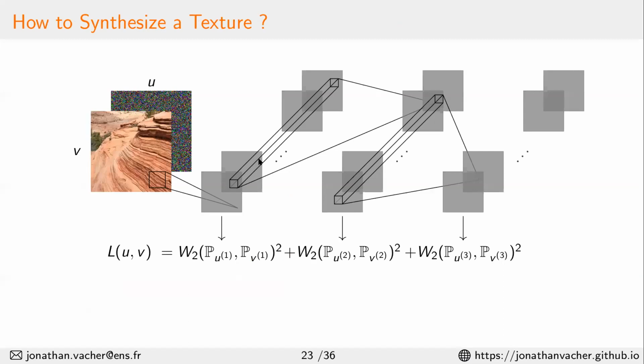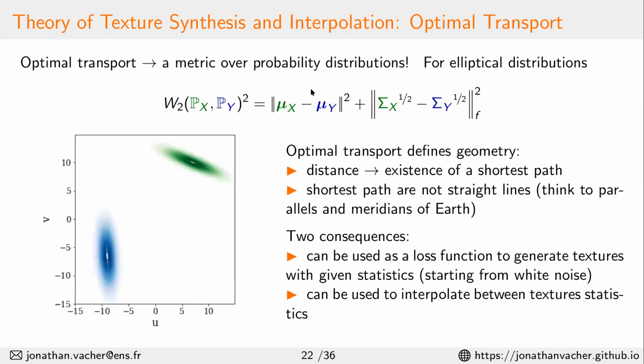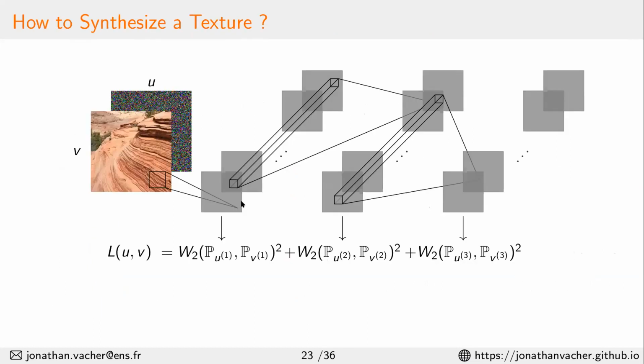So how to synthesize the textures? You compute all the deep net coefficients at several layers of a deep network. And for each layer, you will compute this distance between the density of the features here. And so here, as I showed here, in fact, this ends up just computing the mean and the covariance of the feature vector at each layer.